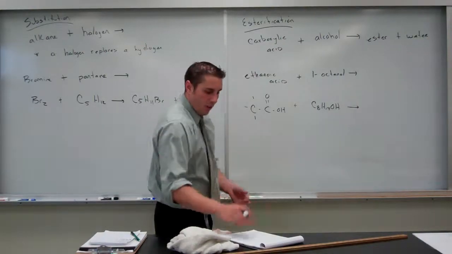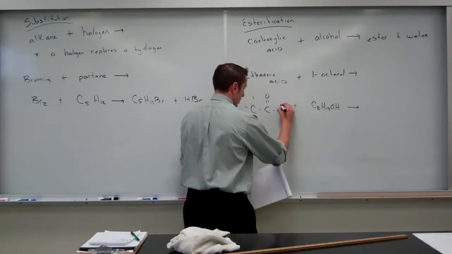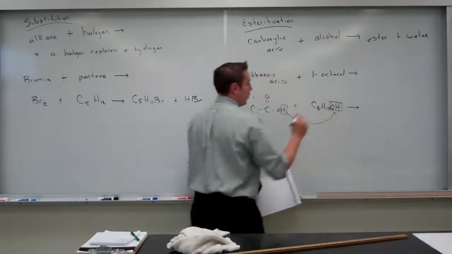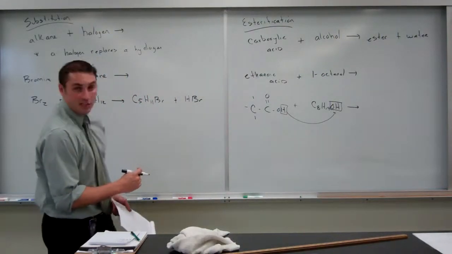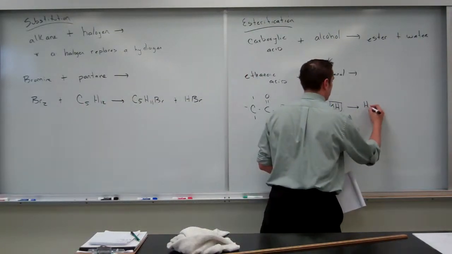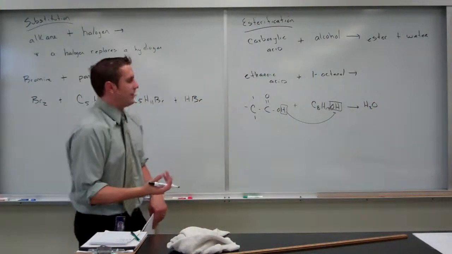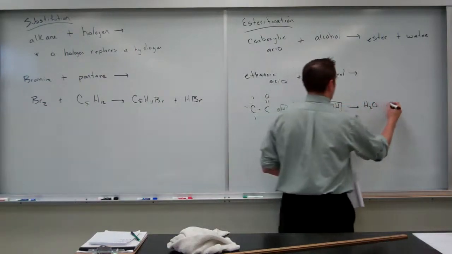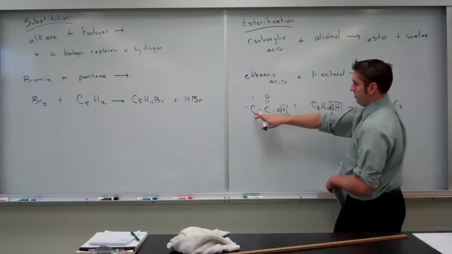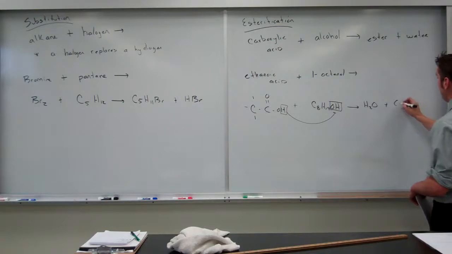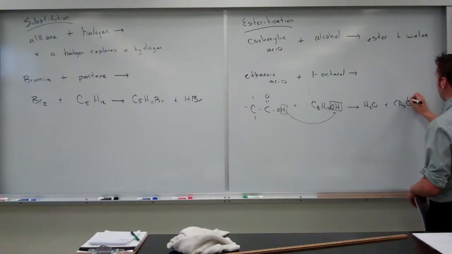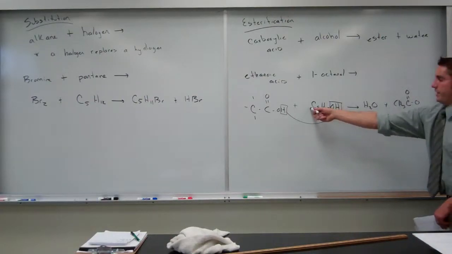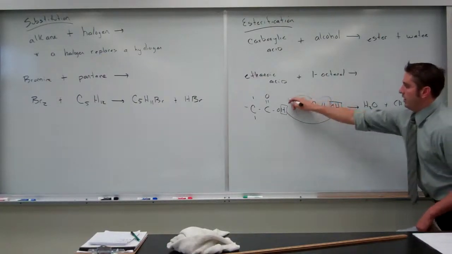With the carboxylic acid, this H combines with the OH to get us our water. And then the rest of it just smashes together. We'll get the C2, or CH3, C double bonded O, O, and then you slam this portion in front of it.